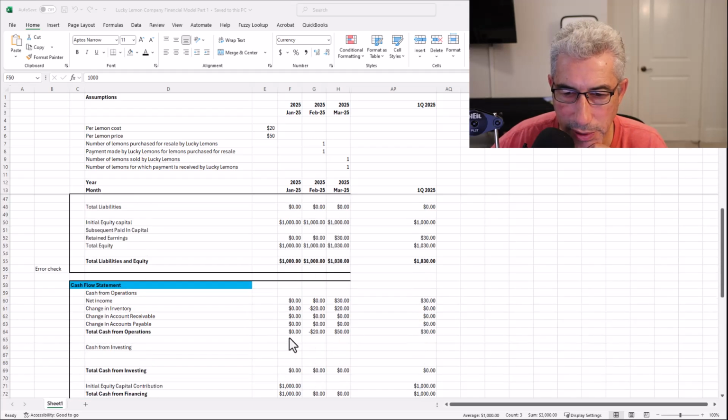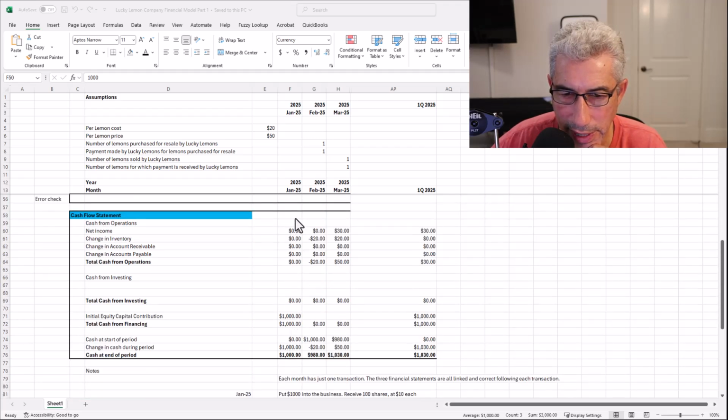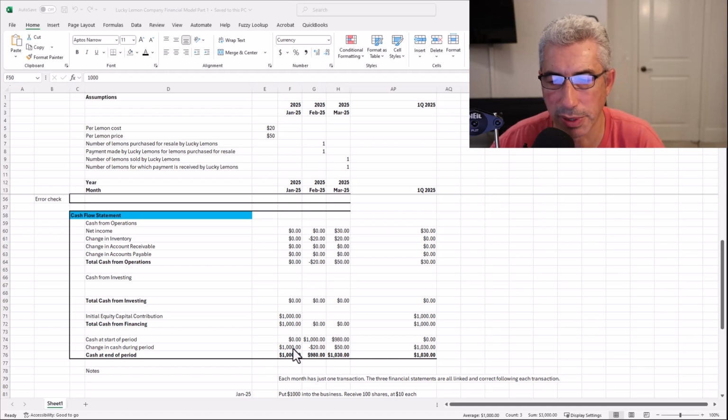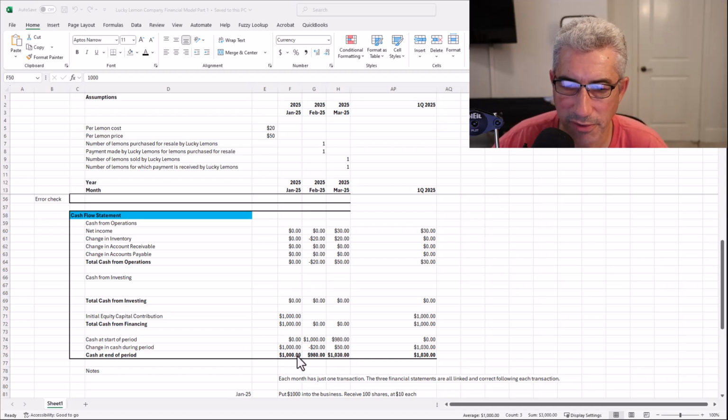Then in the cash flow statement for the first month, initial equity capital contribution $1,000. So total cash from financing $1,000. So cash at start of the period is $0. Change in cash during the period is $1,000. Cash at end of period is $1,000.